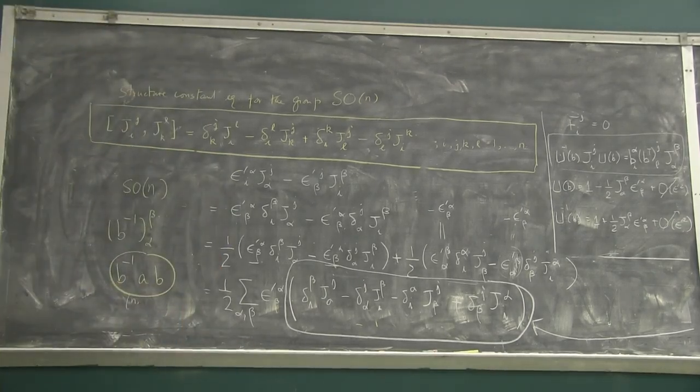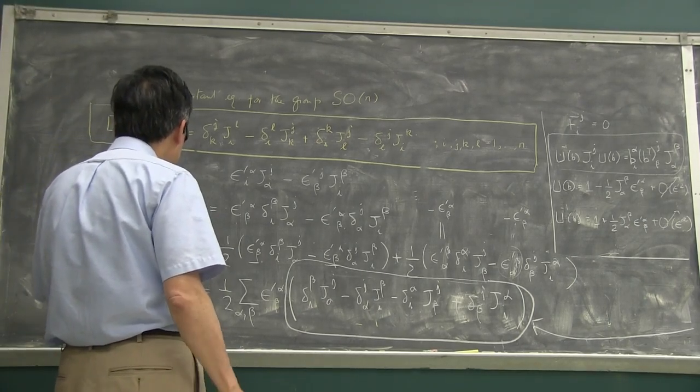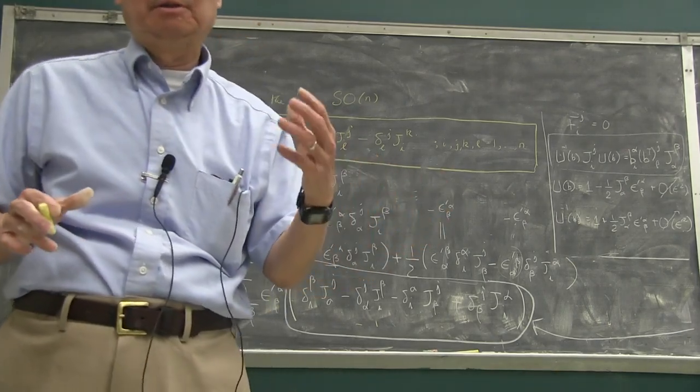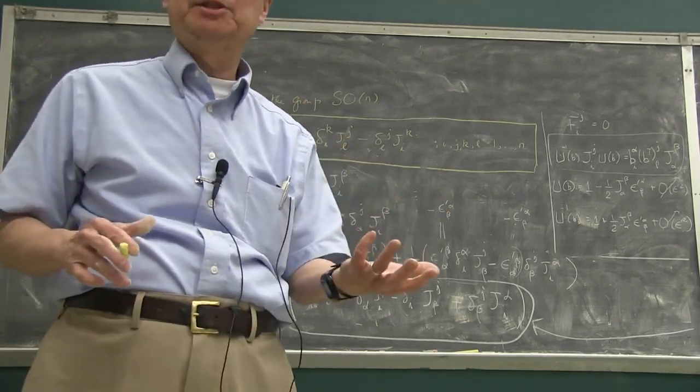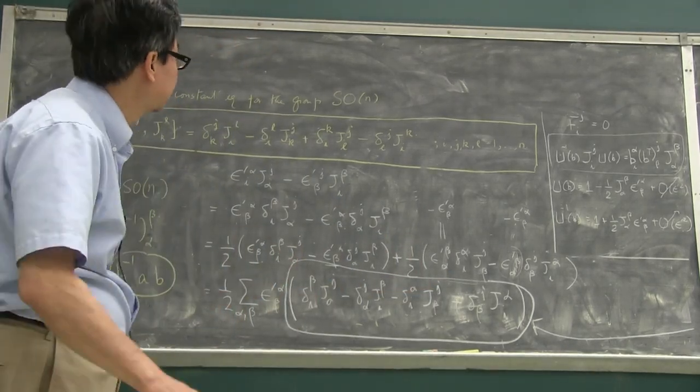Well, the idea is you want to compare. You have to make use of the group homomorphism property, or the group representation property. So you want to multiply different elements together, okay?